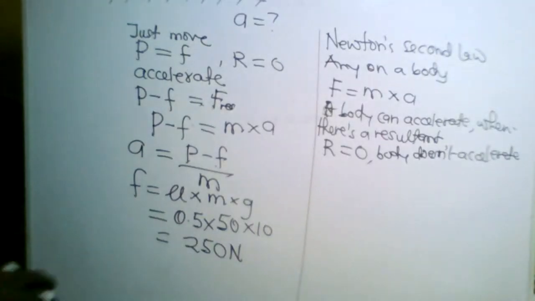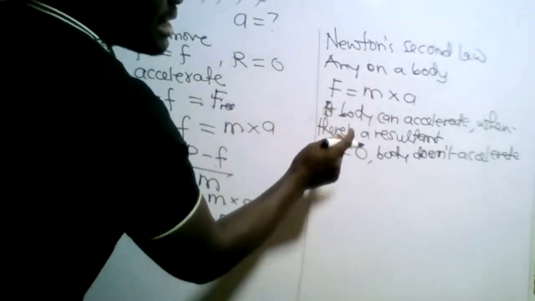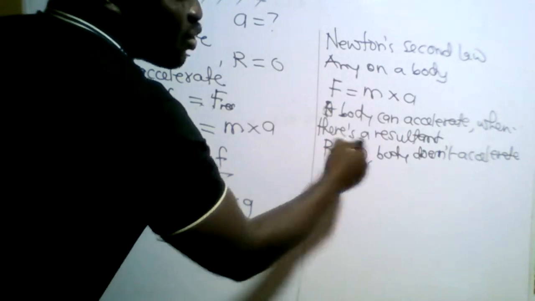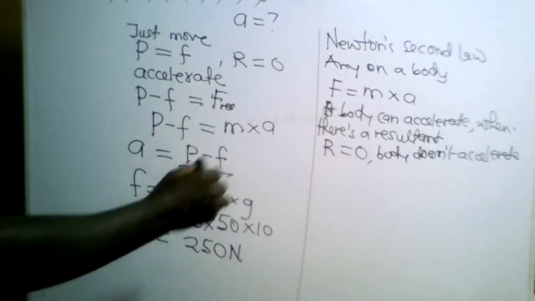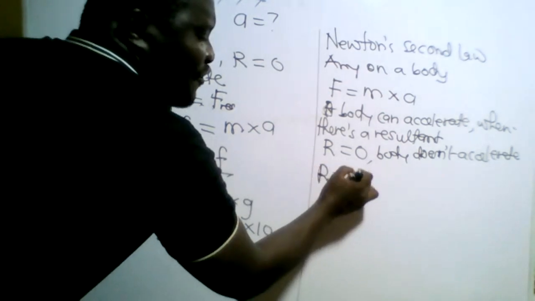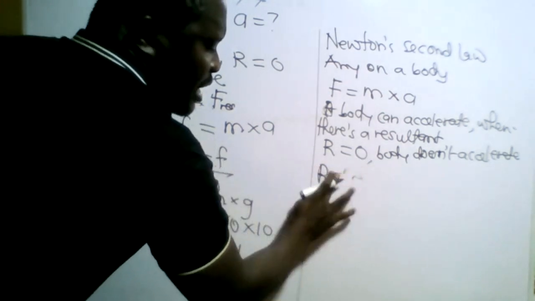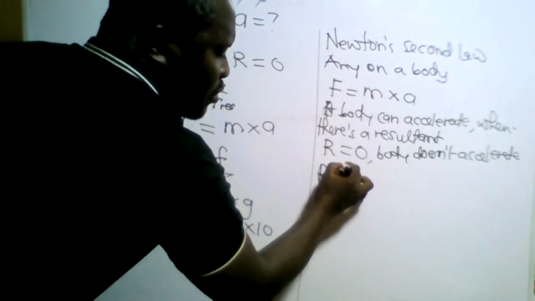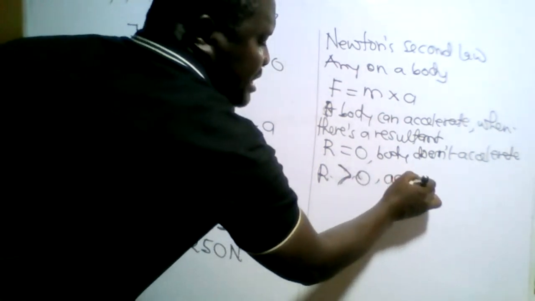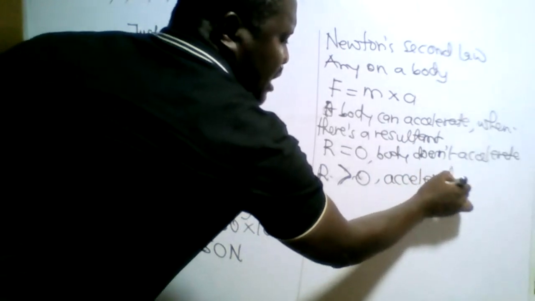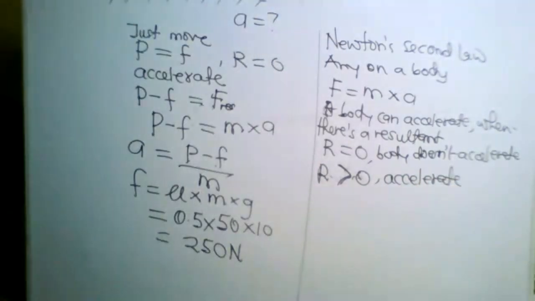Every acceleration must be caused by a resultant force. And here, the resultant force must not be equal to 0. So if R is greater than 0, then the body is said to accelerate. Joe, are you okay with this preamble?